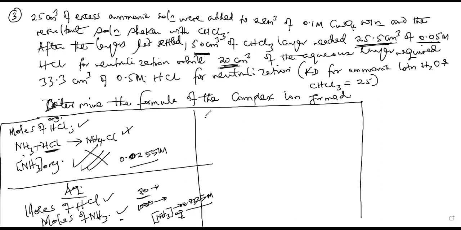Now you go to get the ammonia which is complexed. But to get complex ammonia, you get total ammonia in aqueous, you subtract ammonia free. So now we'll need to first get free ammonia.